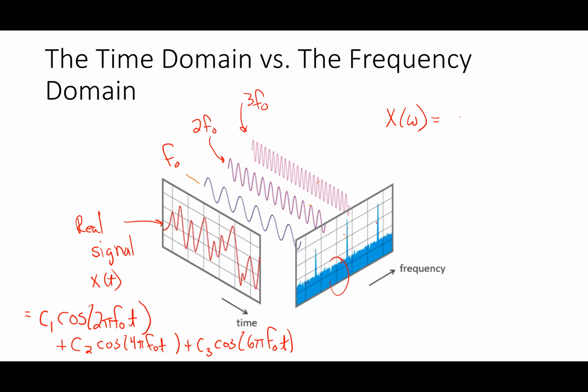So in this case, I'm going to have something at alpha 1, and this would be at the fundamental. So I'd say omega minus 2 pi f naught, plus his friend at the negative frequency.